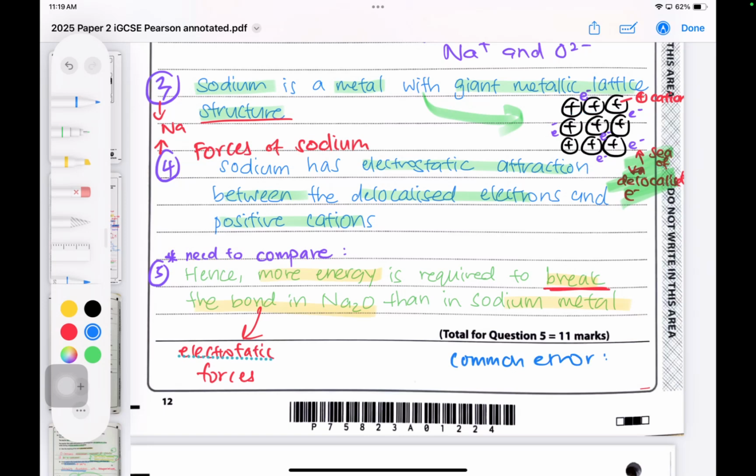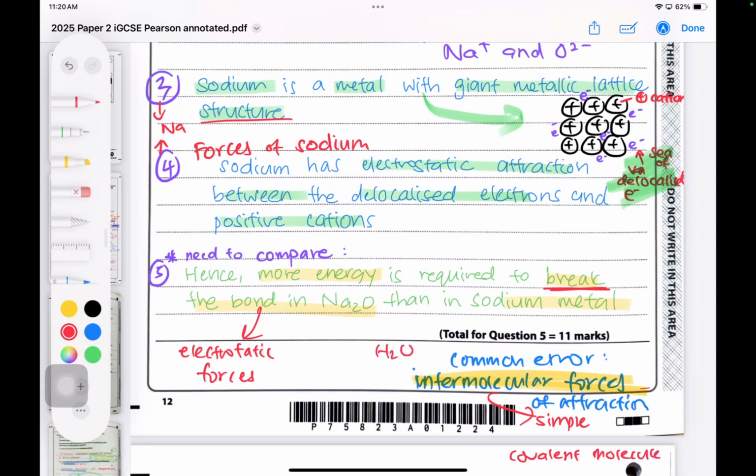It is when they use the words intermolecular forces of attraction. Now, intermolecular forces of attraction can only be used on simple covalent molecules, like our water, carbon dioxide, oxygen gas, hydrogen gas, etc.